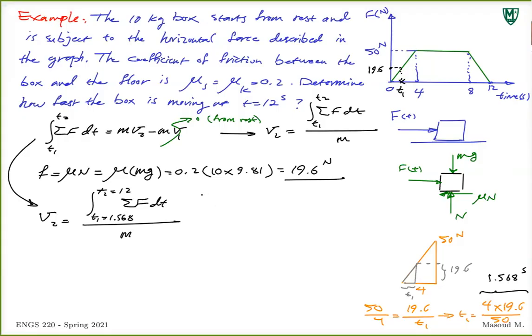Now, once you overcome friction, whatever is left is just the force applied to your mass. Then this integral is nothing but the area under this curve, but minus the beginning, right? The beginning basically was not wasted, but it was used to overcome friction. So this is the area you're trying to find. This is the integral from 1.568 to 12 of F dt.